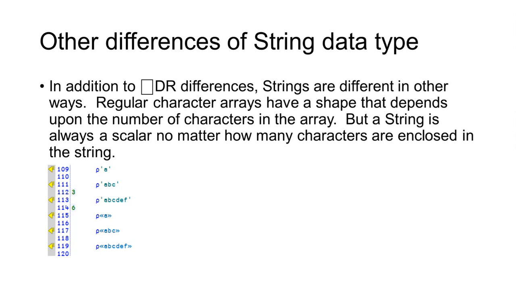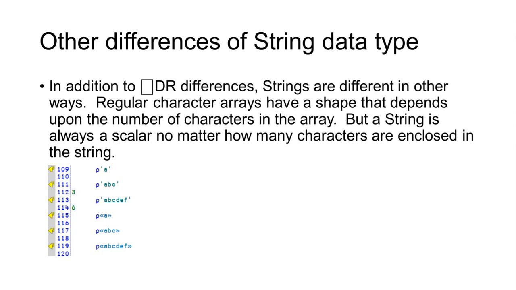What we can see here on lines 109, 111, and 113, if we look at the shape of a single quote, that's a scalar, and so we get back an empty shape. If we did the rank, it would read as 0.